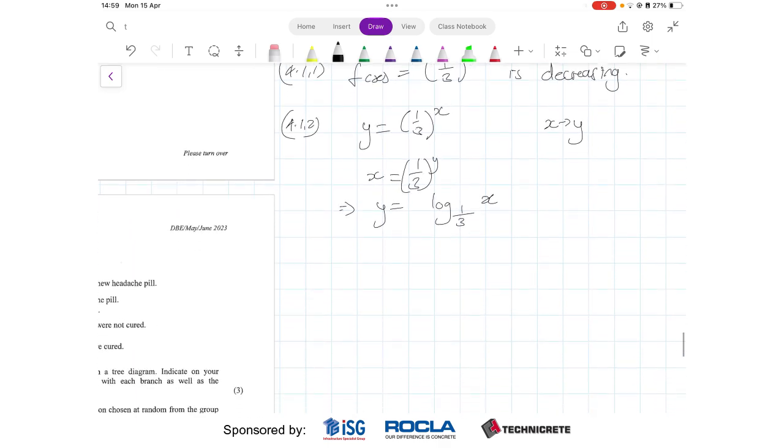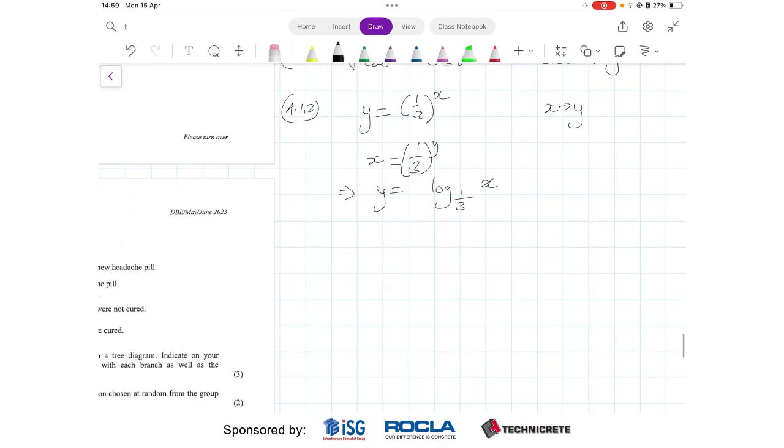An alternative way you could do this is you could write y being equal to 3 to the minus x, because this is exactly the same as writing 1 over 3, all to the power x. It's exactly the same. Now what you're going to do again is swap x and y.